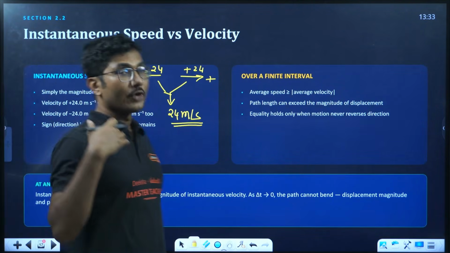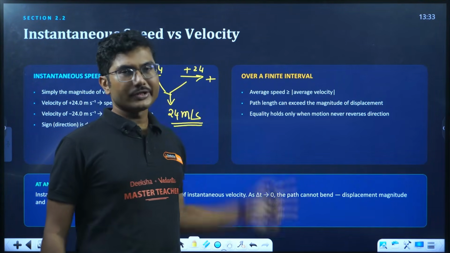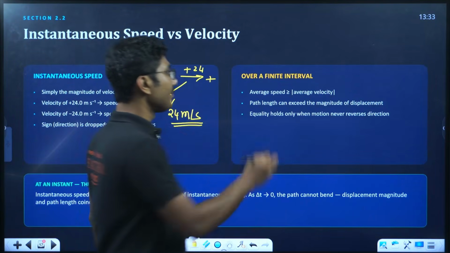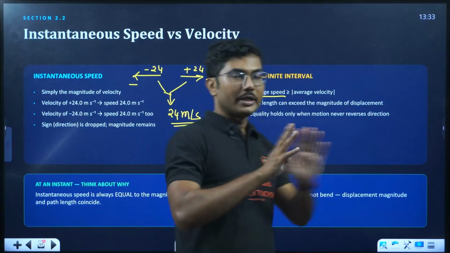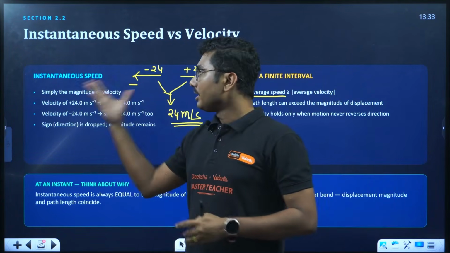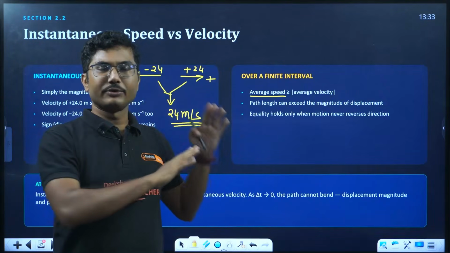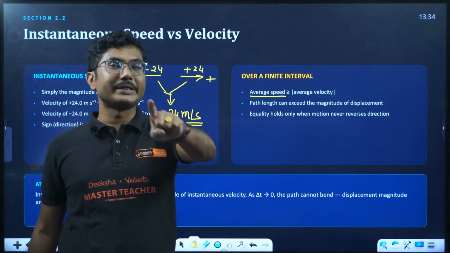So over a finite interval, average speed is always greater than or equal to average velocity. When it comes to instantaneous velocity, it is the same quantity as instantaneous speed if you take the magnitude and ignore the sign. But for average speed they are different.